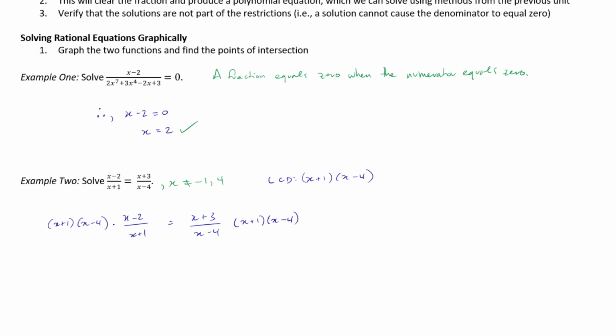What this effectively allows me to do is clear the fractions, and so I no longer have to work with fractions. I can work with basically two binomials multiplied on the left side and two binomials multiplied on the right side. This is a little easier to work with.